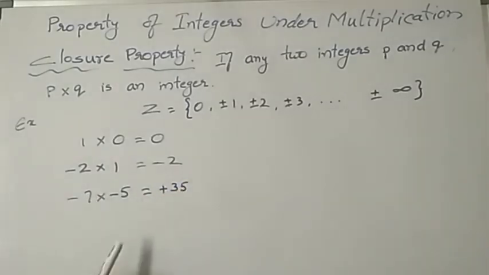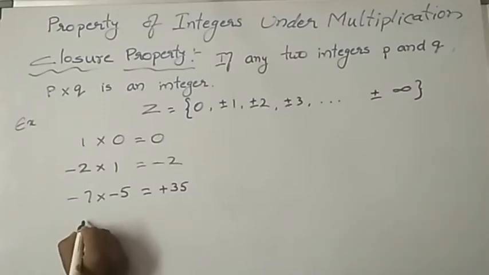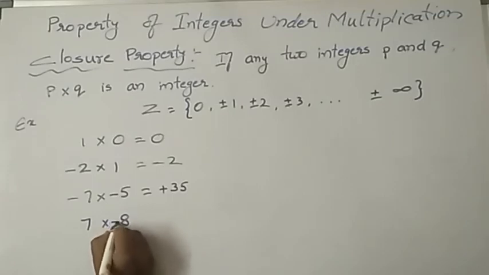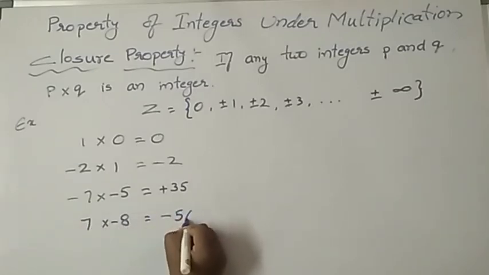Minus 7 is an integer, minus 5 is an integer, and its product plus 35 is also an integer. Plus 7 into minus 8. Plus into minus is minus, 7 eights are 56.